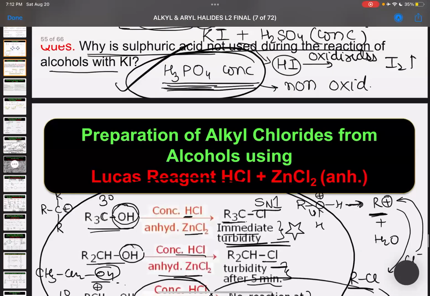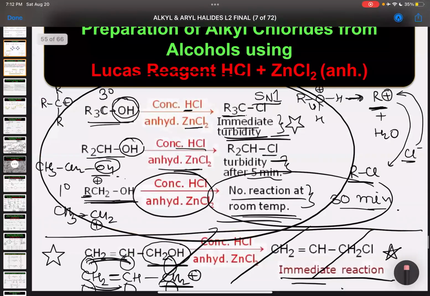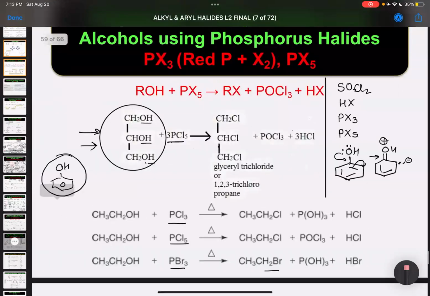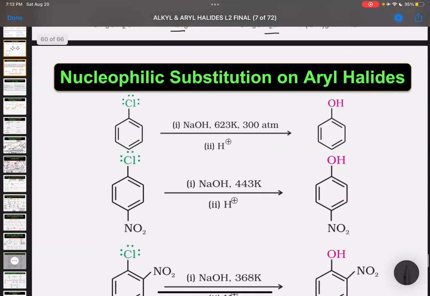I told you the same thing while discussing the phosphorus reagents, that the OH connected directly to the benzene ring will not come out. Clear? That's what I told.